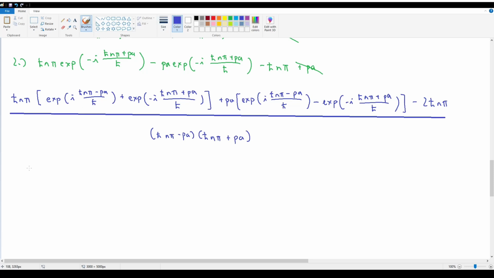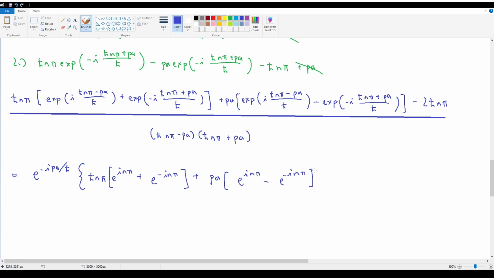So if we do that, then we're going to get e to the negative i pa over h bar, and then this is going to be multiplied by h bar n pi times e to the i n pi for the first term, plus e to the negative i n pi for the second term, and then plus pa times, similarly, e to the i n pi minus e to the negative i n pi, like that.